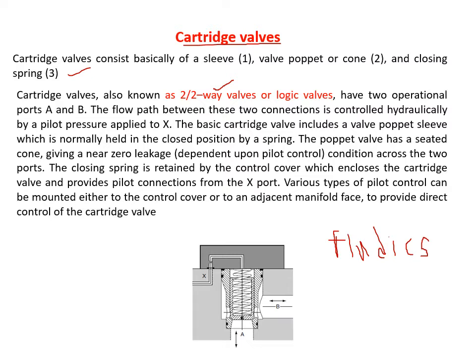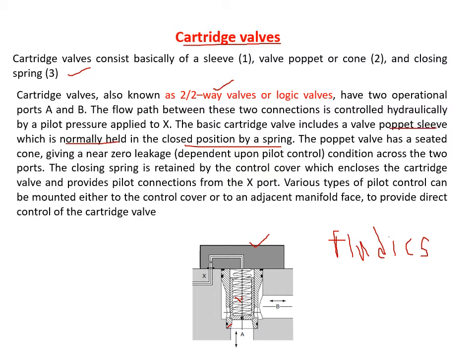The basic cartridge valve includes a valve poppet, a sleeve, and is normally held in the closed position by a spring. So this is a spring, this is a closed valve seat, and this is a sleeve.